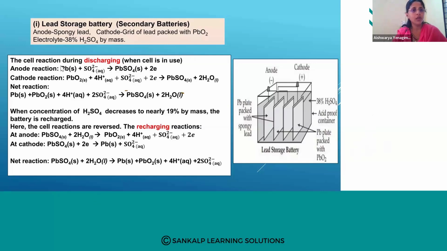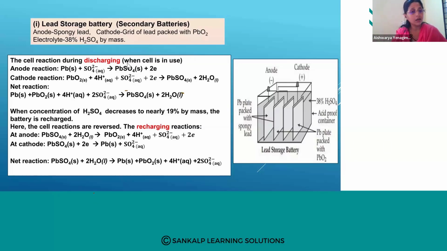So you have here the cell reaction during discharging, when the cell is in use. When you are using the battery and it is discharging, what is the reaction? When the cell discharges, it operates as a voltaic cell.